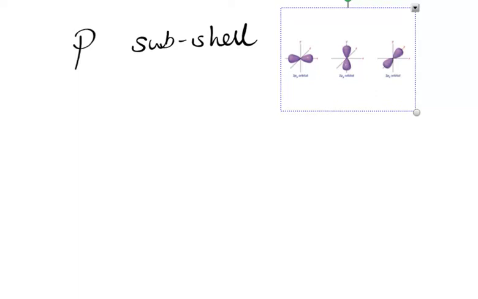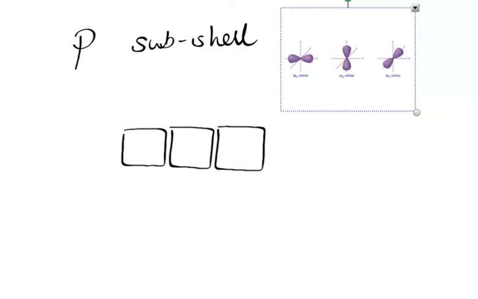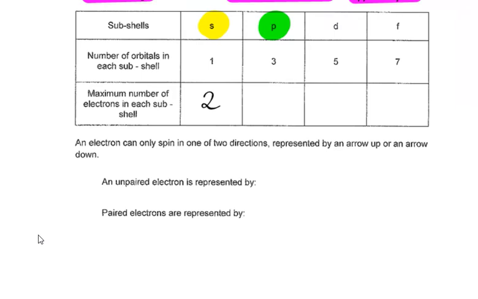Remember, each orbital can hold 2 electrons, so it's a slightly larger roller coaster with 3 carriages. So the P subshell will hold a total of 6 electrons. The P subshell: 3 orbitals, each holding 2 electrons, so 6 electrons in the P subshell.